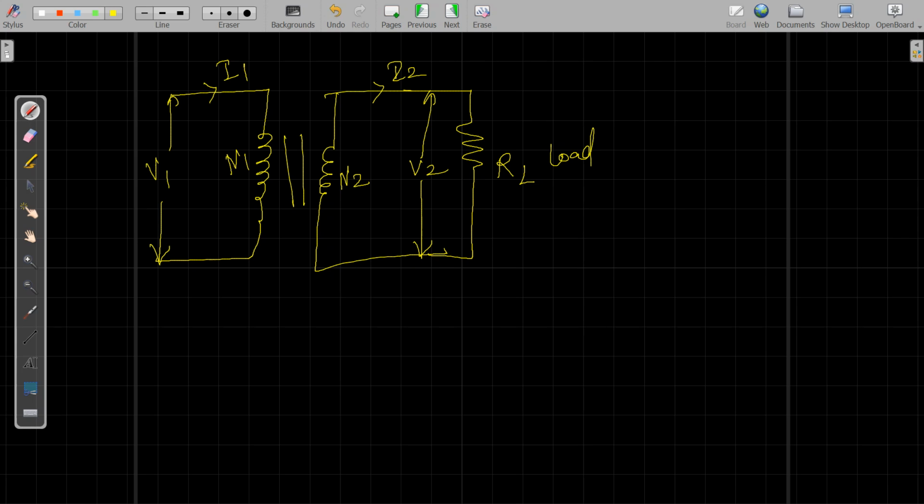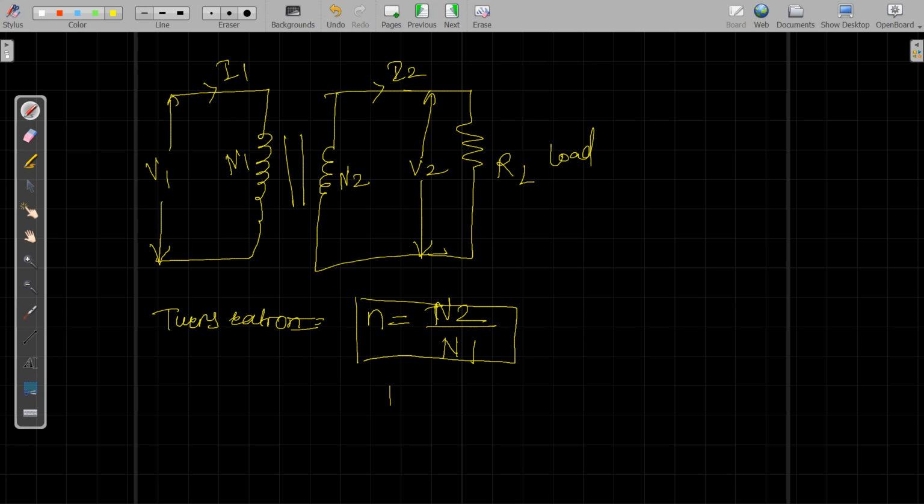Now we are aware of the turns ratio. What do you mean by turns ratio? It is nothing but the number of turns on the secondary to the number of turns on the primary, which is denoted as small n, the turns ratio: the number of turns on the secondary divided by the number of turns on the primary.